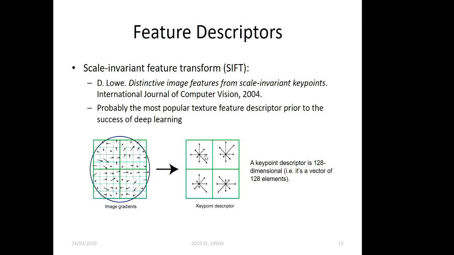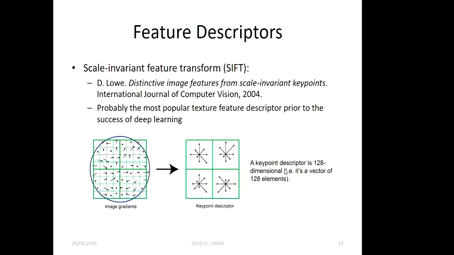Once you have these histograms of different cells, you can combine these histograms into a higher level representation of this region. That becomes a key point descriptor.